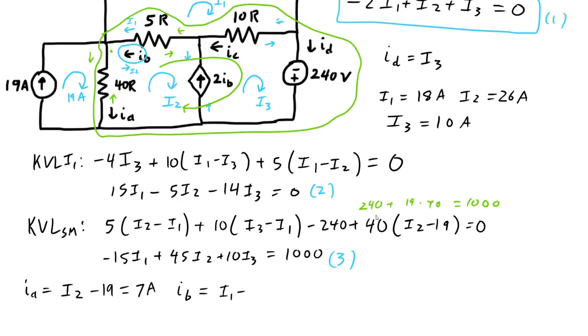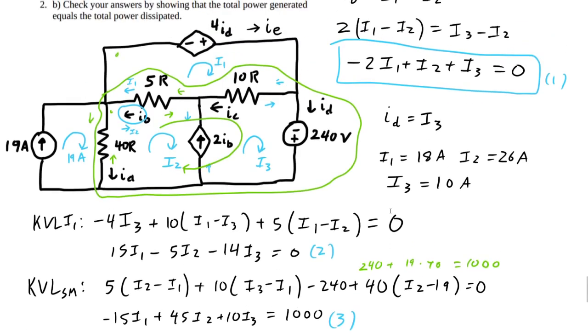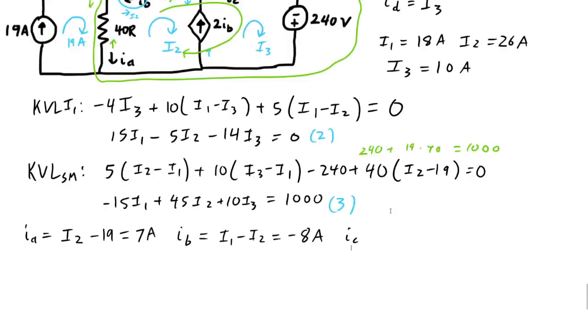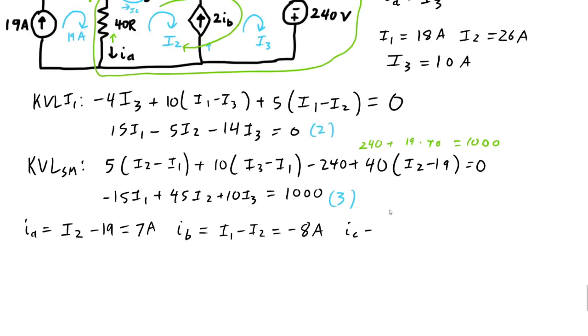I1 minus I2, so that's 18 minus 26, so negative 8 amps, and IC is going to be I1 minus I3. So 18 minus 10 is 8.